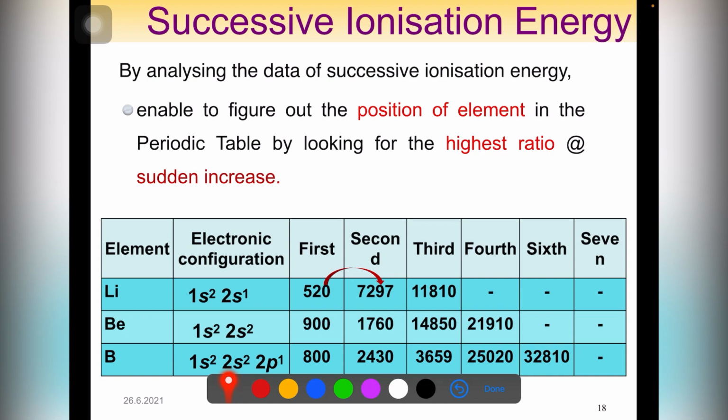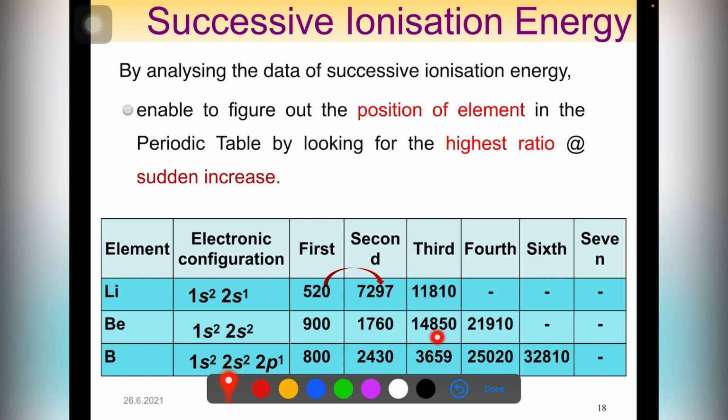From 1760, it becomes 14,850 to remove the third electron, and it shows that the third electron is the inner electron in the inner shell. So these two are the outer electron or valence electron, because suddenly it needs more energy to remove the third electron.